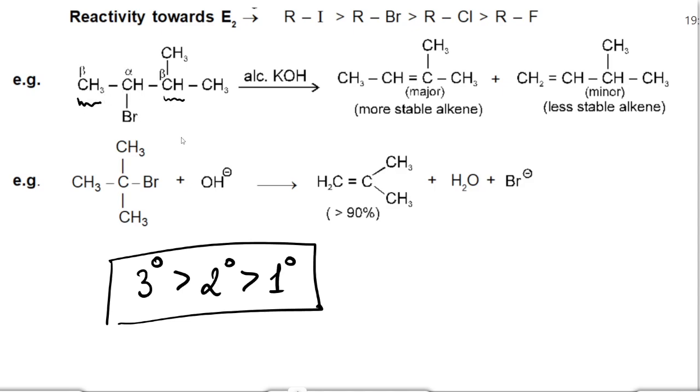In this case there is only one beta hydrogen, and therefore poor becomes poorer, means more alkylated alkene is more stable. Alright. The second case, there is only one option. This Br is removed and there are same types of beta hydrogens. Only one product is possible.